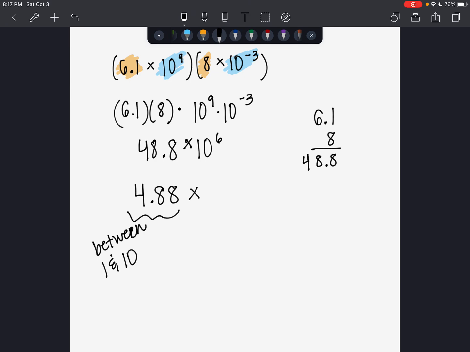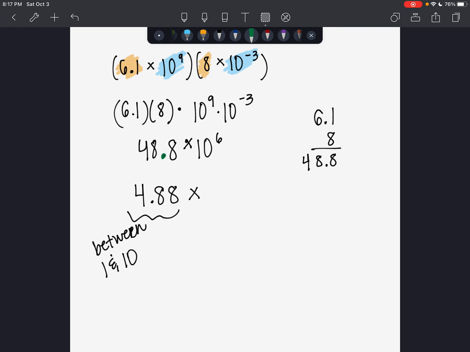So 4.88 times, well, if this was the 6th power, I would be moving the decimal 1, 2, 3, 4, 5, 6. I think I counted that correctly. And hopefully you know what I'm talking about.